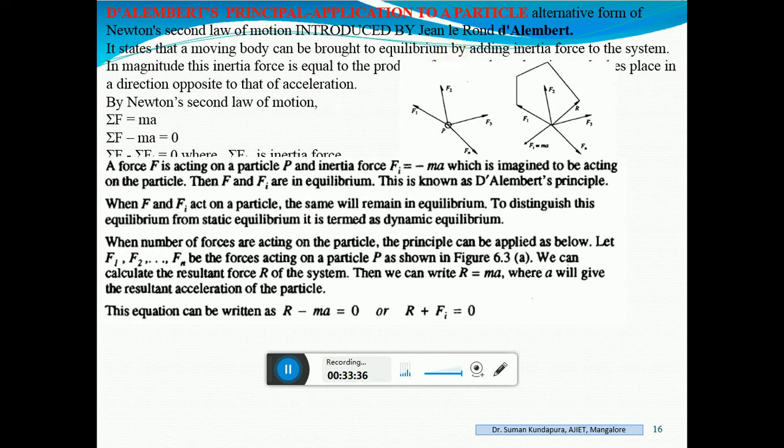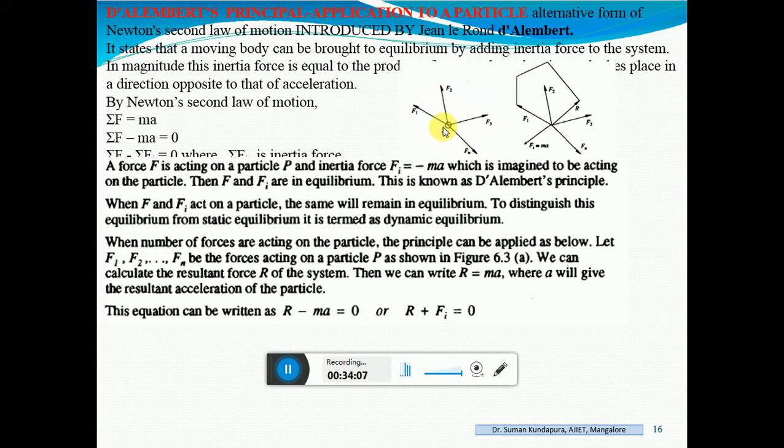D'Alembert's principle is basically, you know what Newton's second law is, right? That is F is equal to ma, correct? Newton's second law is nothing but summation F is equal to ma. So here what this principle says is, if there is a particle and a large number of forces acting on the particle, then you know how to find the resultant.